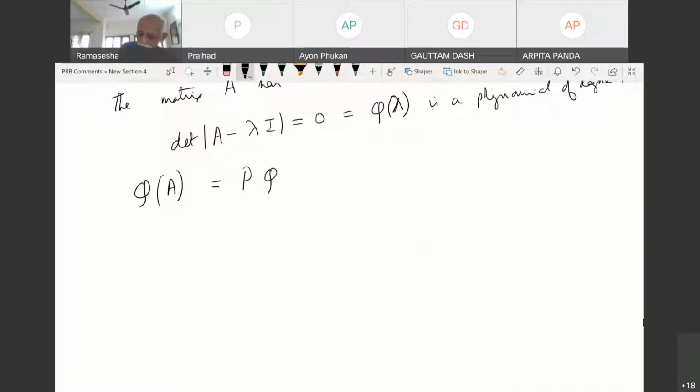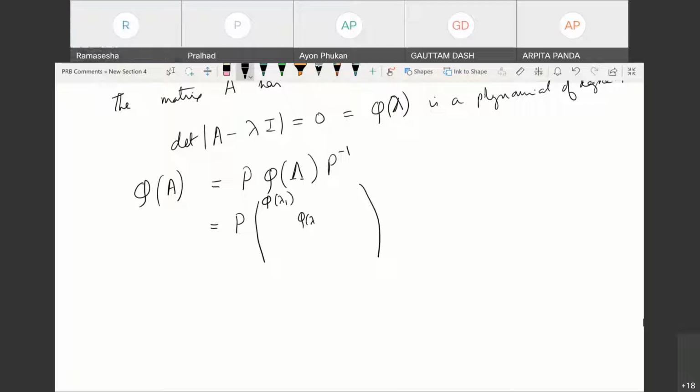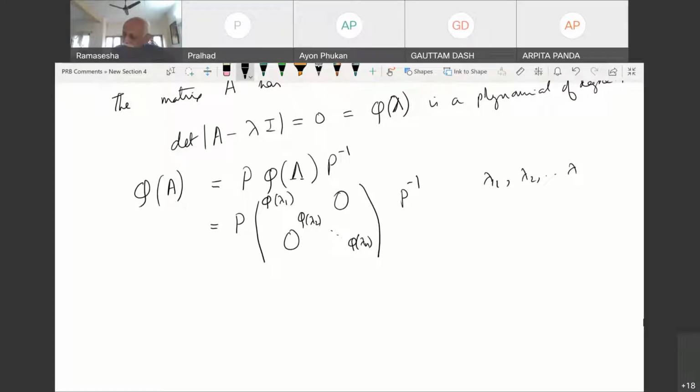P of A is equal to P times P of the lambda matrix times P inverse, and this is equal to P times the matrix with entries P of lambda 1, P of lambda 2, up to P of lambda n, times P inverse, where lambda 1, lambda 2, up to lambda n are eigenvalues of A. So what can you say about P of lambda 1?